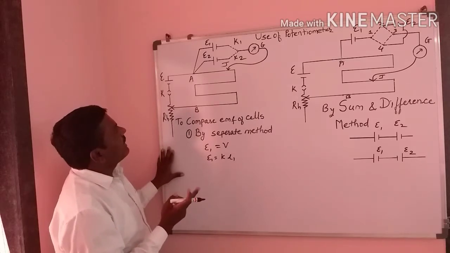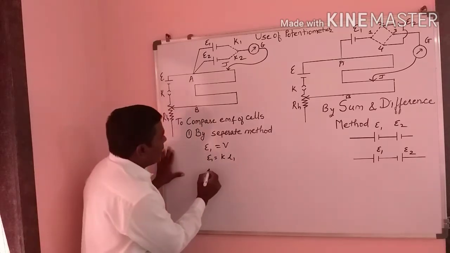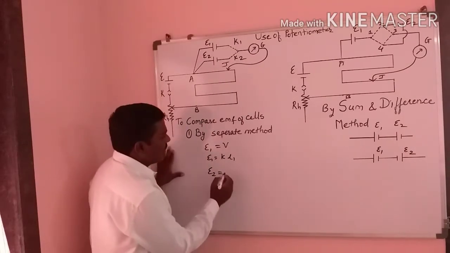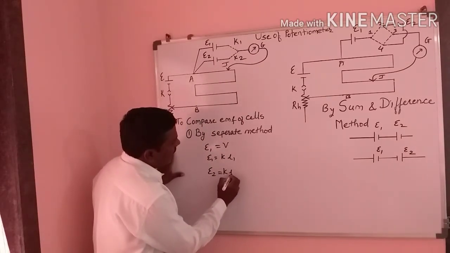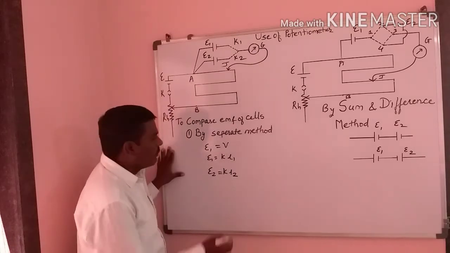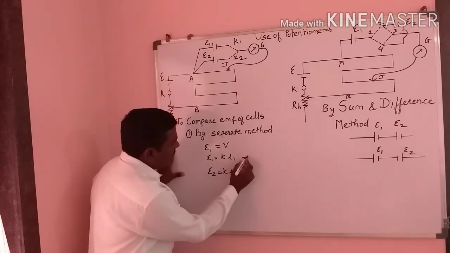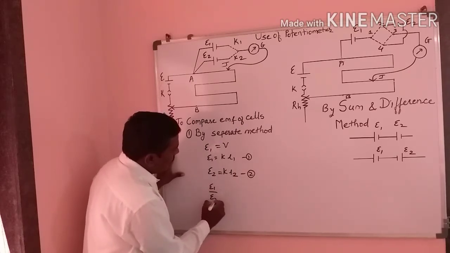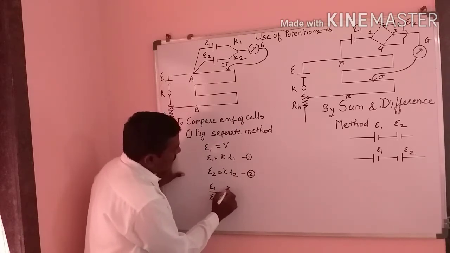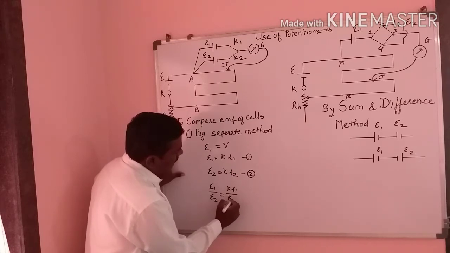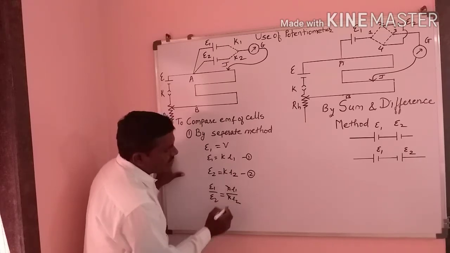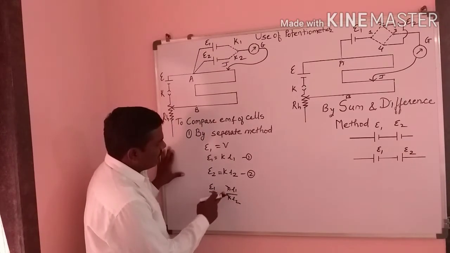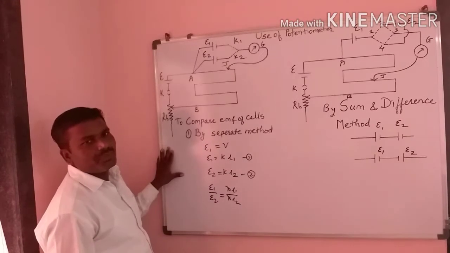At that time the EMF of cell E2 is given, according to the potentiometer principle, by K L2. When we divide equation 1 by 2, E1 by E2 is equal to K L1 upon K L2. K is the potential gradient and they cancel, so E1 by E2 is equal to L1 by L2.